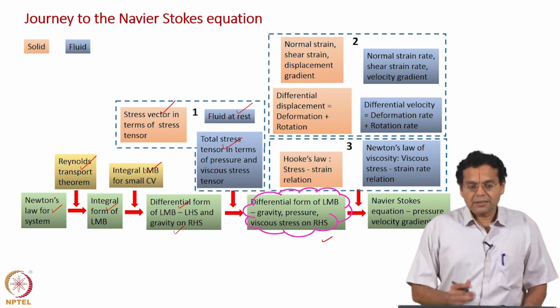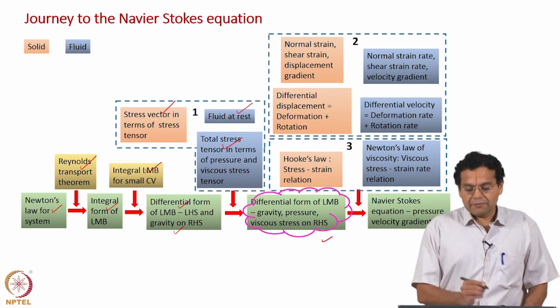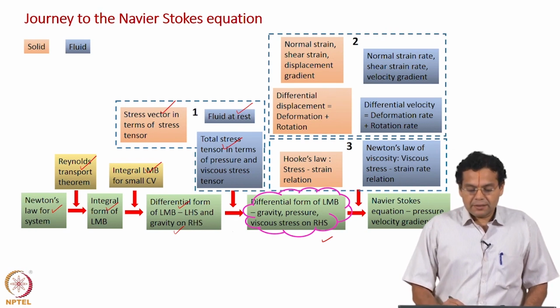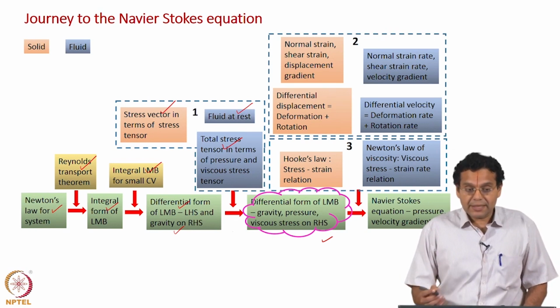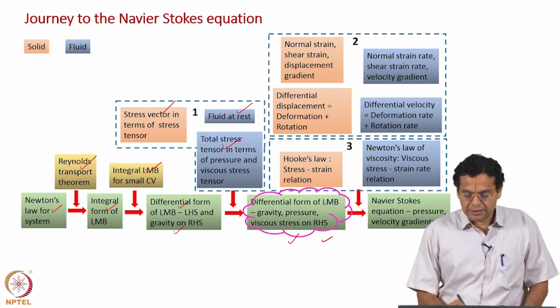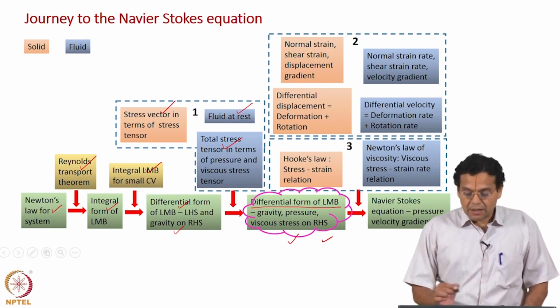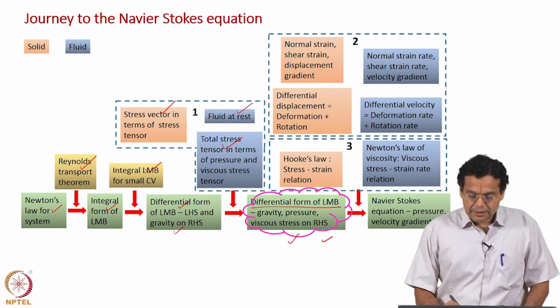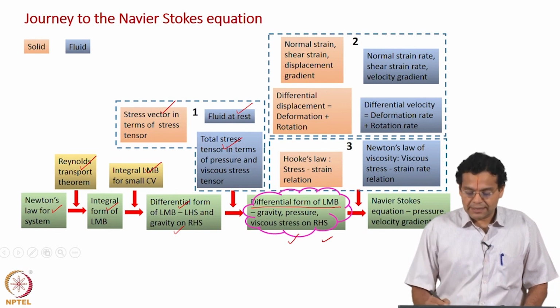With all this, in the previous lecture we completed the right hand side of the linear momentum balance, and now we are ready to understand the differential form of linear momentum balance. What does it include? Of course, the left hand side is there. On the right hand side we have gravity, pressure and viscous stress.